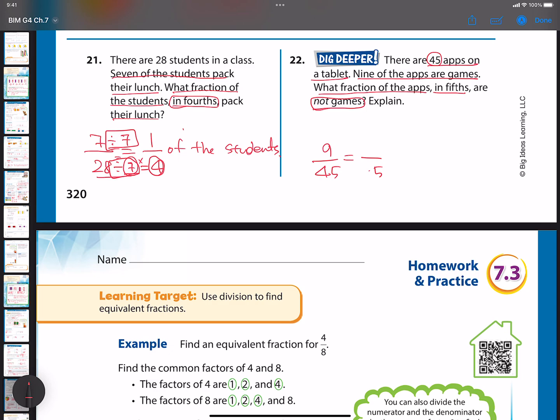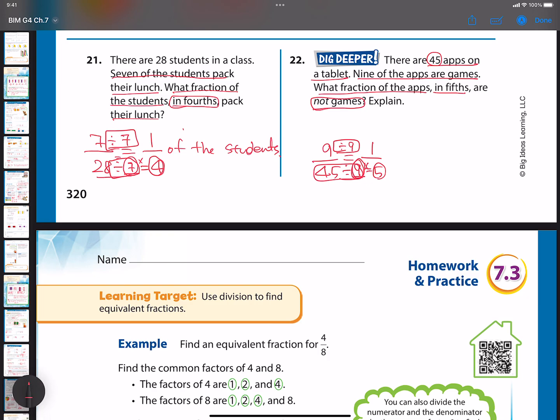Yes. Now 45 divided by what is gonna make 5, and anything you do to denominator you have to do to the numerator. So that means 5 times what number is gonna make 45, and then you get the common factor. We'll see. 5 times, yes, 9 is gonna make 45. That means what? We need to divide by 9, which is 1/5.